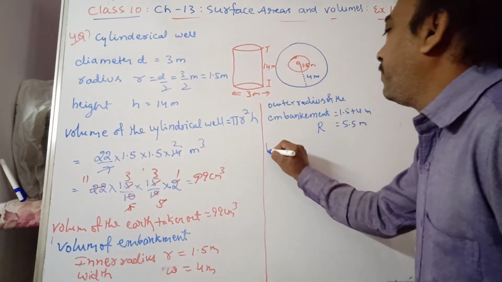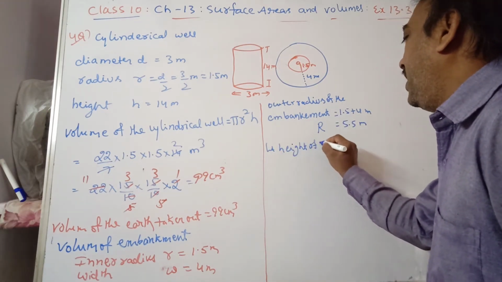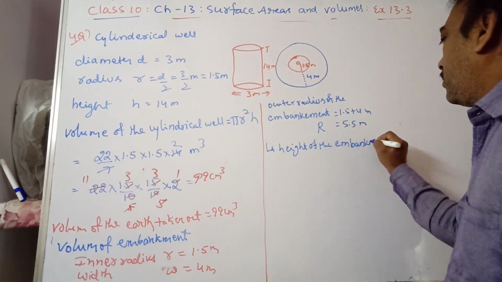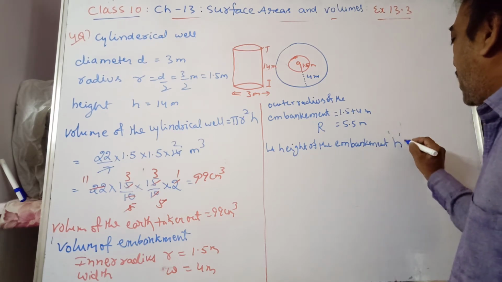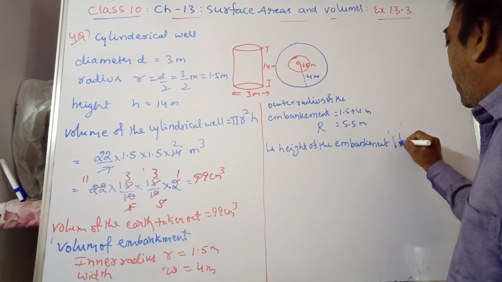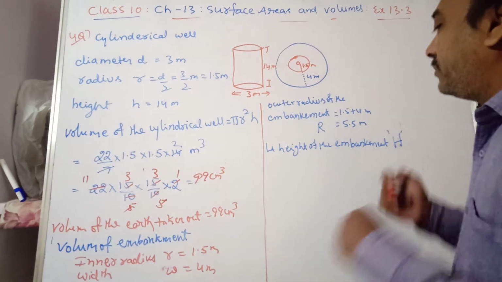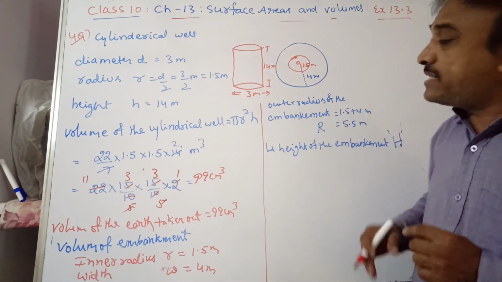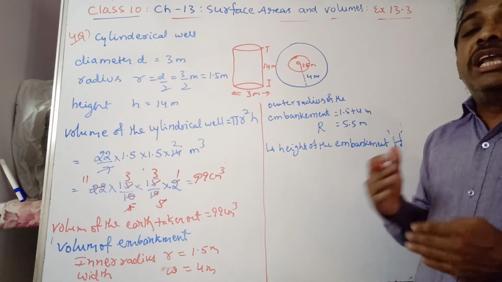Now let the height of the embankment be H, capital H. The volume of the embankment, because it is a hollow cylindrical part which has thickness, is the outer volume minus the inner volume.